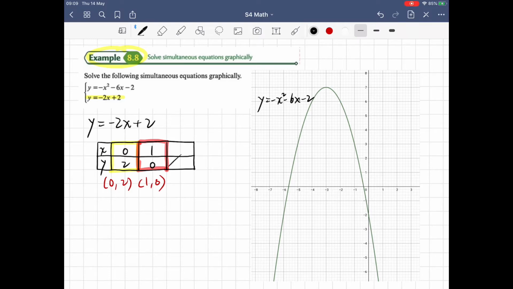So for the third point, we just cancel it. Okay, so back to the figures, we have (0, 2) and (1, 0). Okay, then we can draw the straight line for it using our ruler.